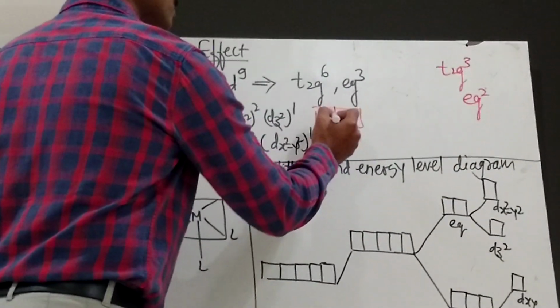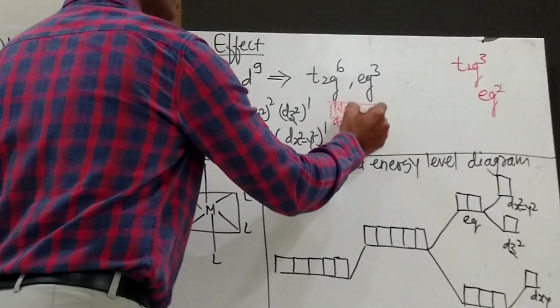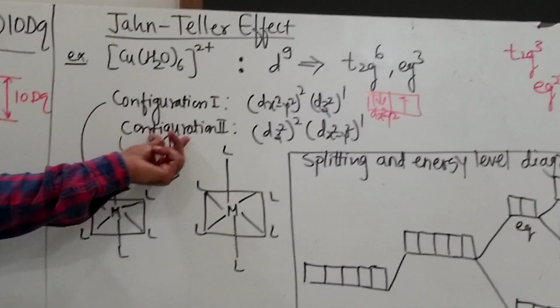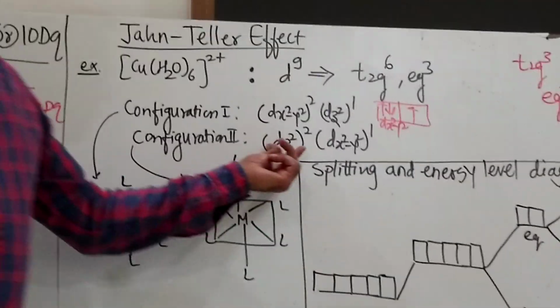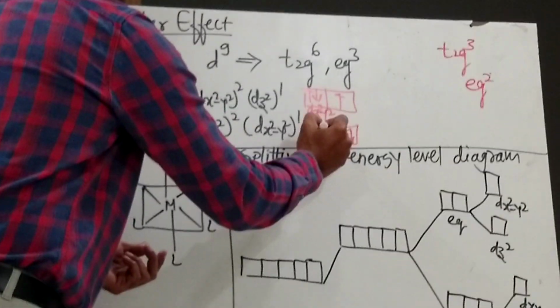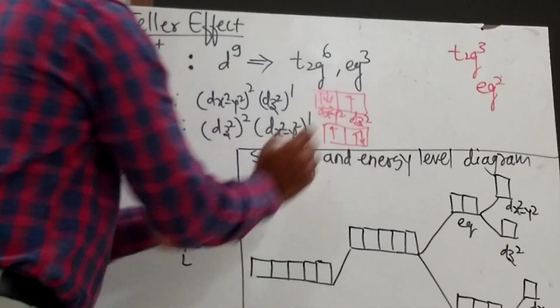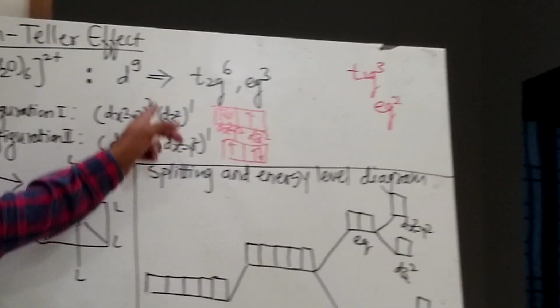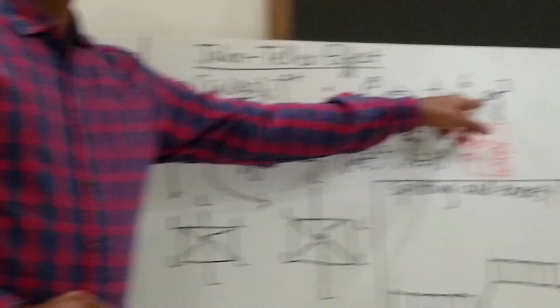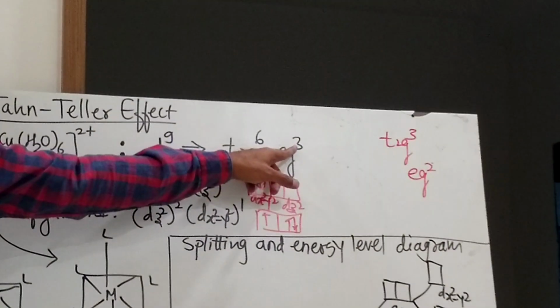The second possible configuration is that the dz2 orbital contains 2 electrons and dx2-y2 contains 1 electron. These are the 2 possible arrangements when the eg orbitals have 3 electrons.